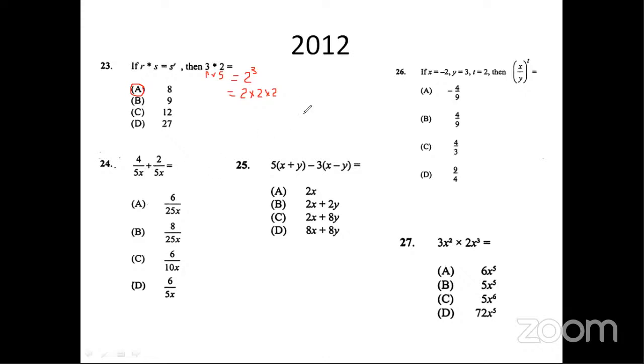Next one. Let's jump over to 26, since it's so similar to what we just did. Same substitution. I'm waiting for you to tell me the answer, and the person who tells me the answer has to come and write how they got the answer. B. Who shouted B?